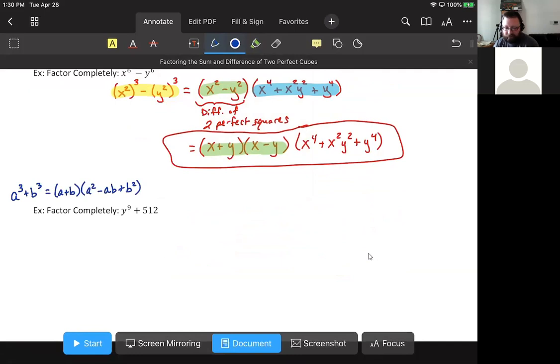It will factor into a plus b times a squared minus ab plus b squared. Now when we're looking at this, that is y to the third cubed and 8 cubed. So we factor it into a plus b, that would be y cubed plus 8.